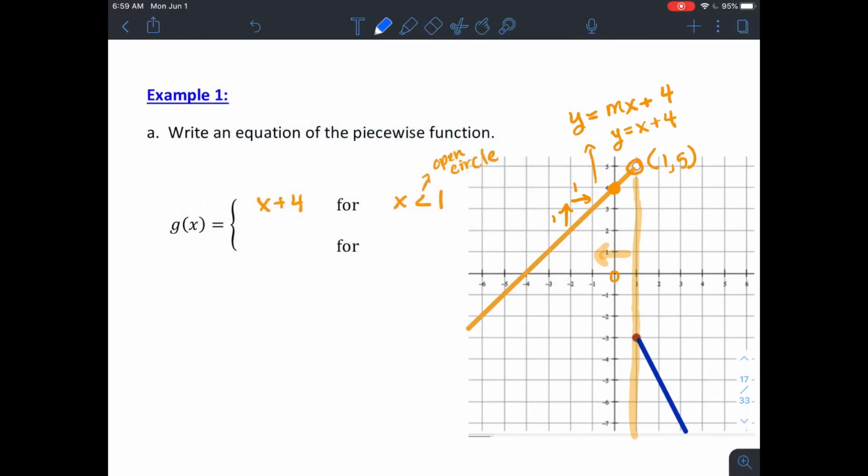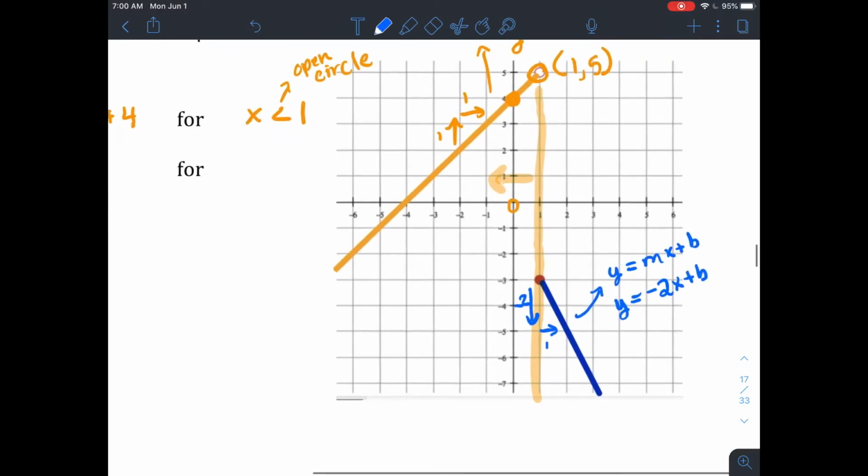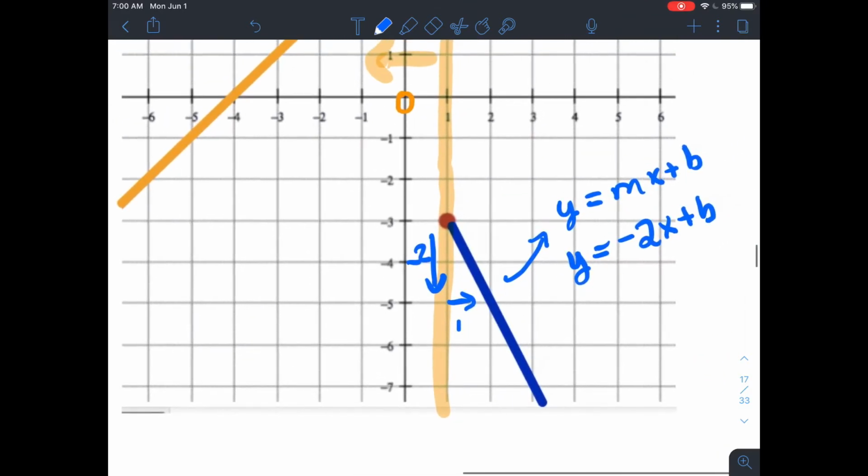And then for piece number 2, let's look at this blue piece over here. If you think slope and y-intercept again, it's not extended such that you can see where it crosses the y-axis. Let's do slope first. I'm going down 2, right 1, so my slope is -2. You could always pick 2 points and use your slope formula to get your slope as well.